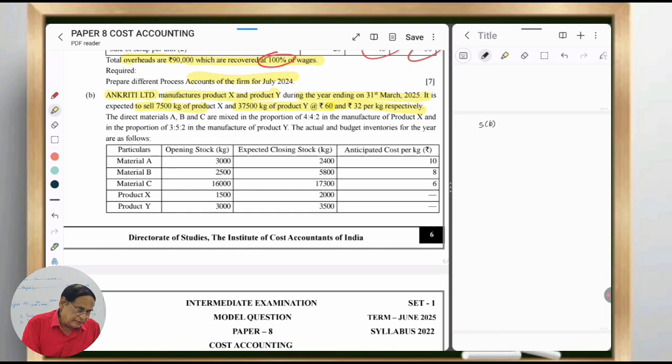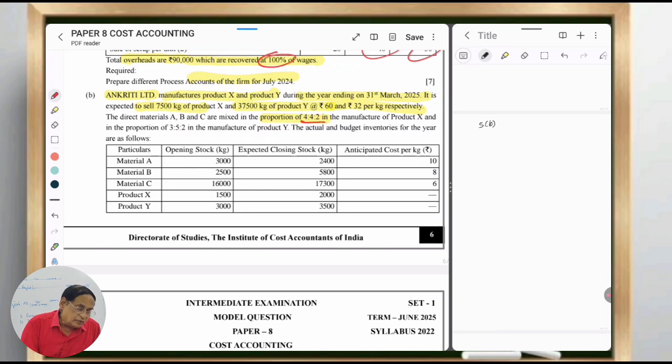The direct materials are mixed in the proportion of, so in order to manufacture the product X, 3 materials are required, that is A, B, C. For manufacture of X product, A, B, C are required in the ratio of 4:4:2.